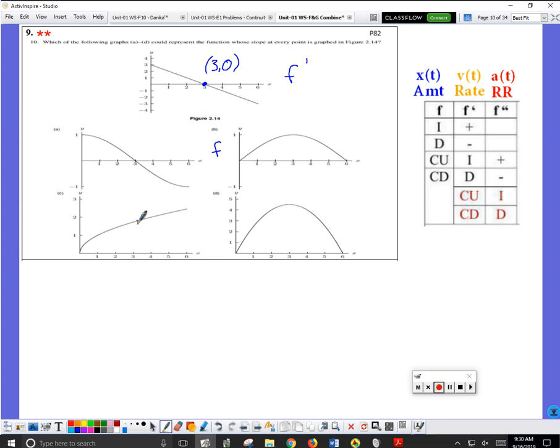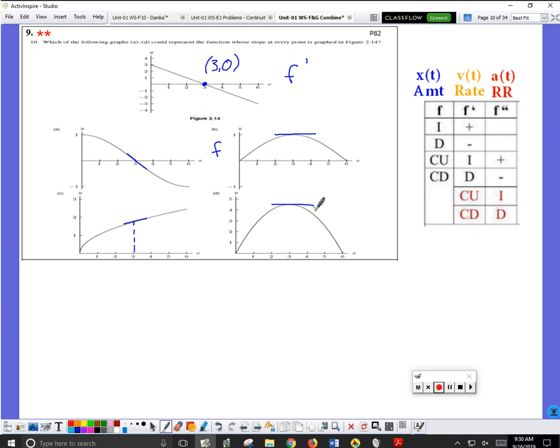So this is not going to work. That is not a tangent slope of 0. This also is not a tangent slope of 0. These two are fine. So who had their hand raised? Who got it right? Questions?